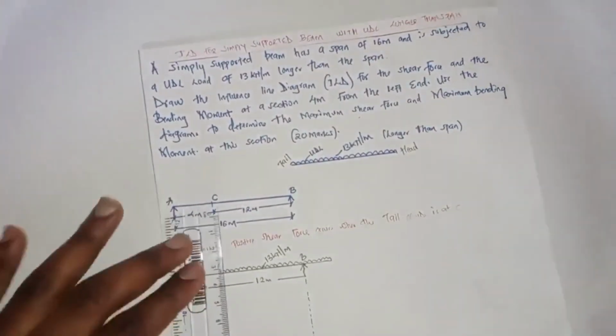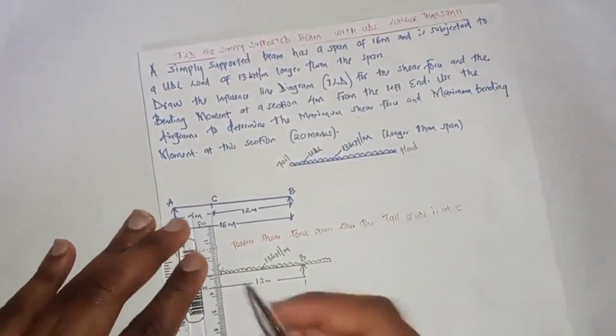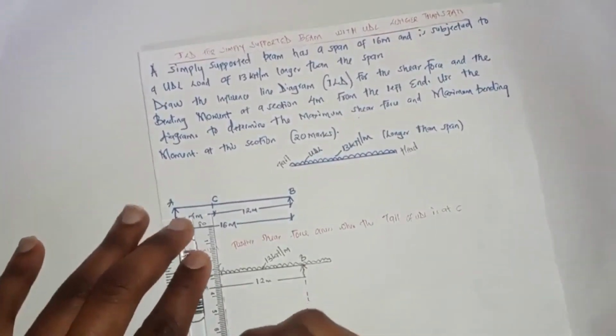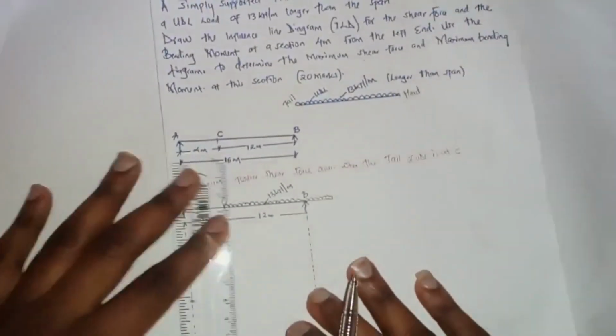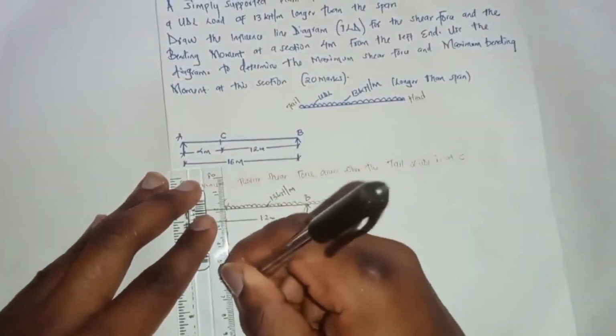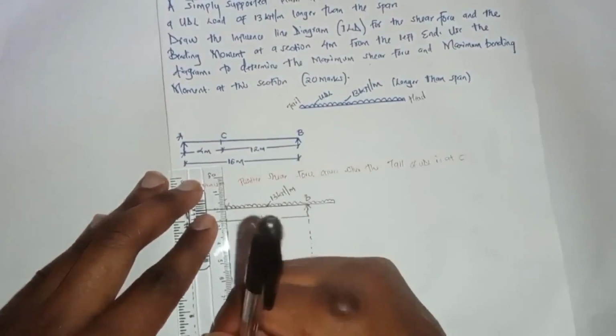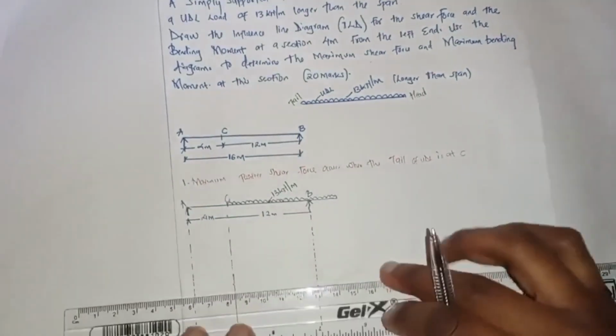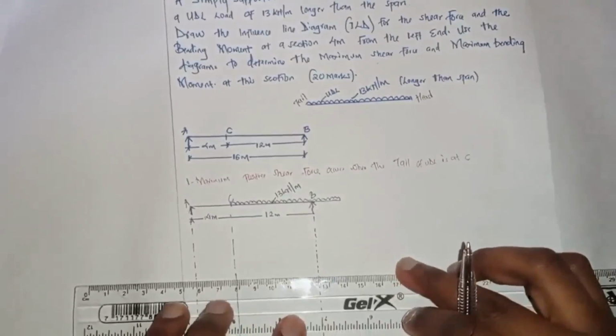So, our point C, and our beam, let's say it is going to be somewhere here.